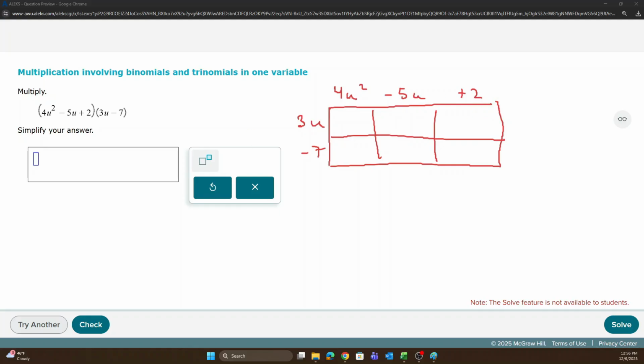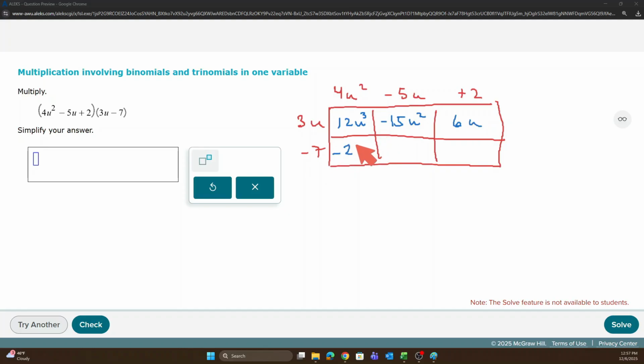Let's go ahead and multiply everything out in the inside of these boxes. So 3 times 4 is 12 u cubed, 3 times 5 is 15 u squared, plus 6u.